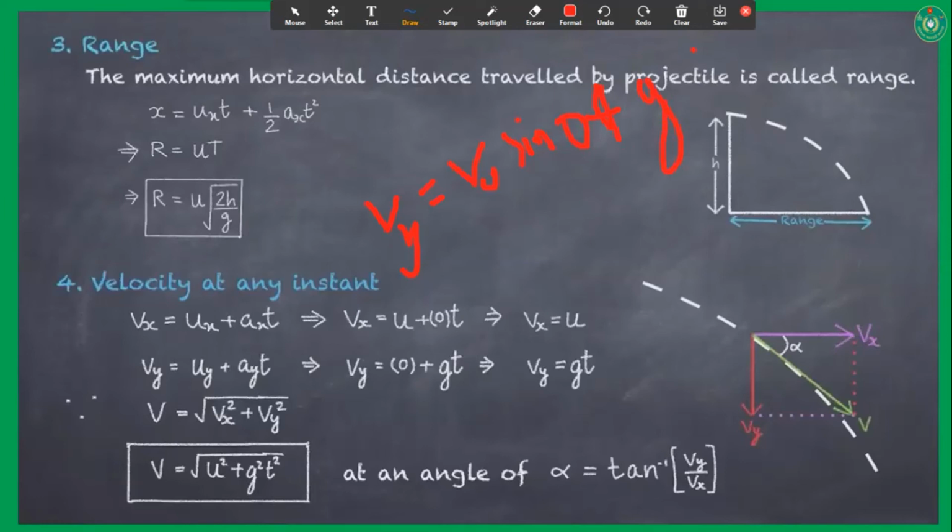This a is replaced by g, and it is happening towards the ground. That's why I have used plus sign. But in case of obliquely thrown projectile, I have used minus sign.